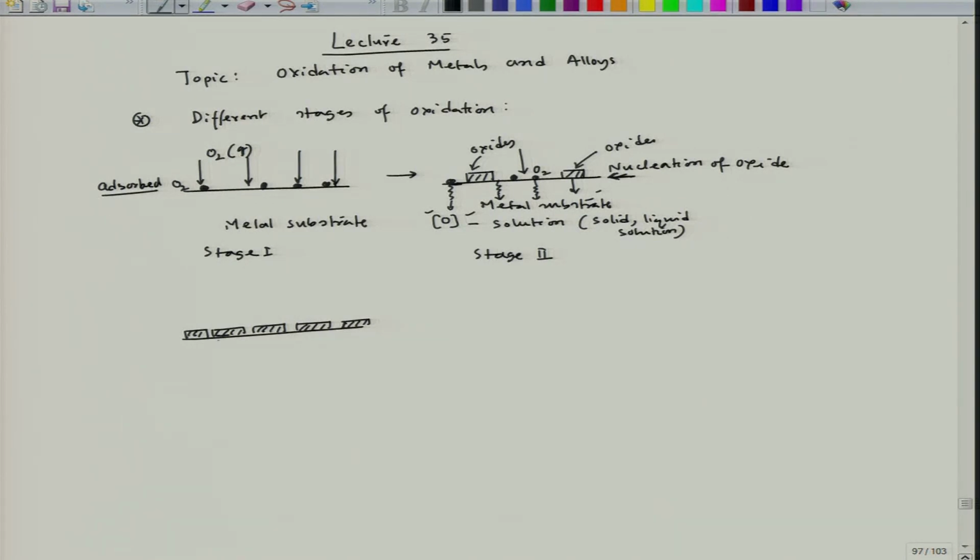These oxides can grow towards this, at the same time towards this, or this way also, depending on how the diffusion of species takes place inside the oxide. At the same time you have dissolved oxygen, which is in solid solution, so they can form internal oxides.